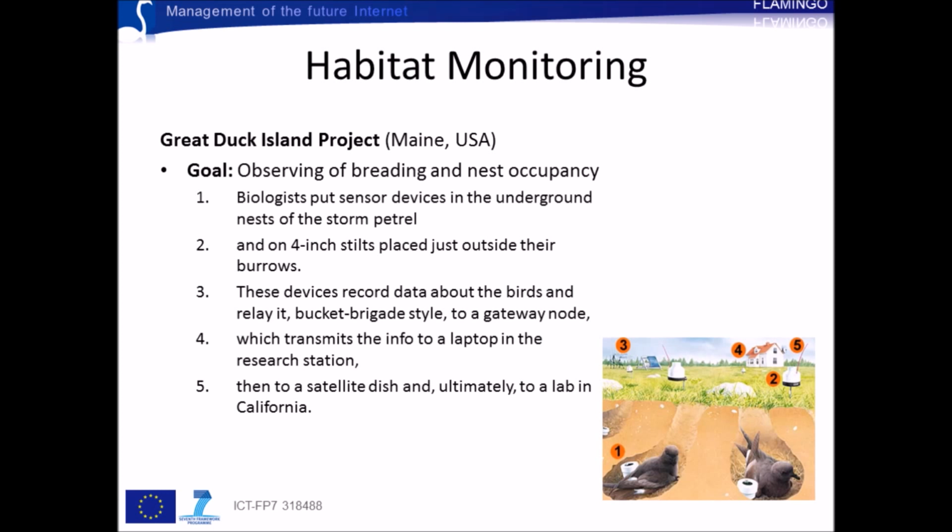The devices record data about the birds and relay it, bucket brigade style, to a gateway node, which transmits the information to a laptop in the research station, then to a satellite dish, and ultimately to a lab in California, where the behavior and the occupancy of the burrows are analyzed and logged.